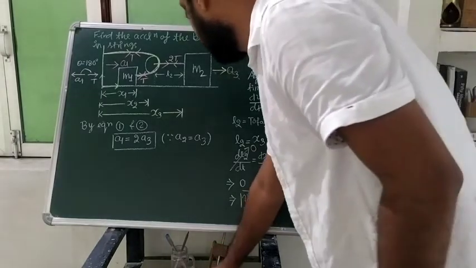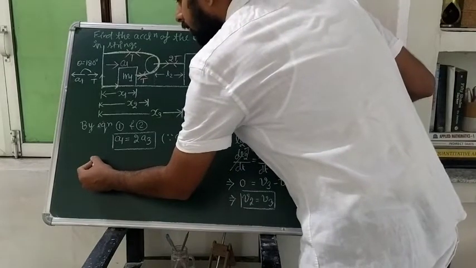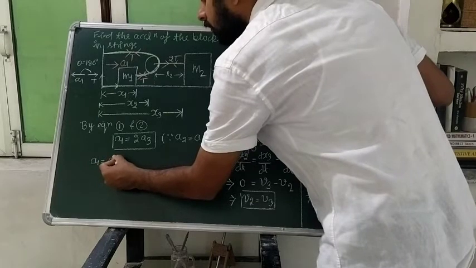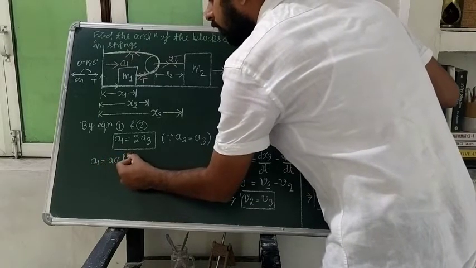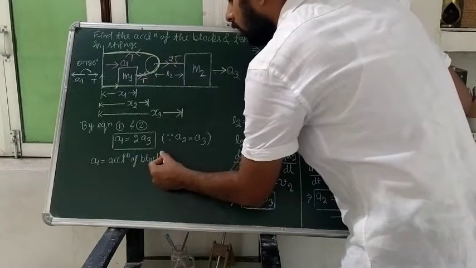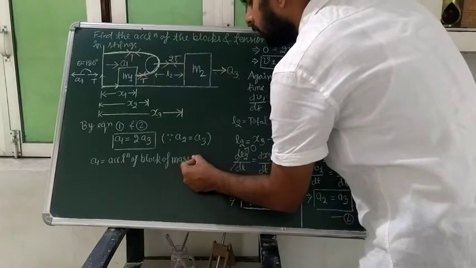You could write it as well that A1 is representing the acceleration of block of mass m.